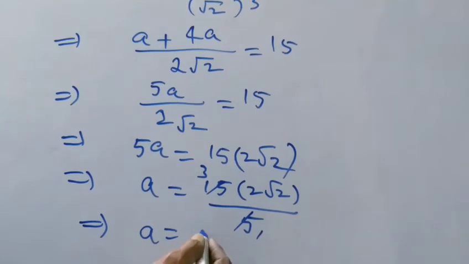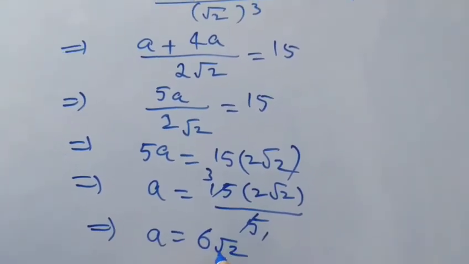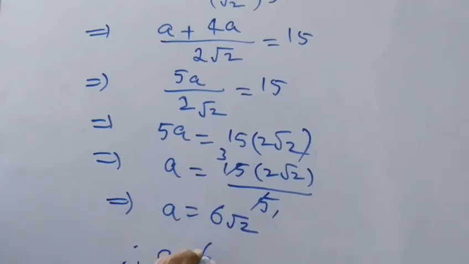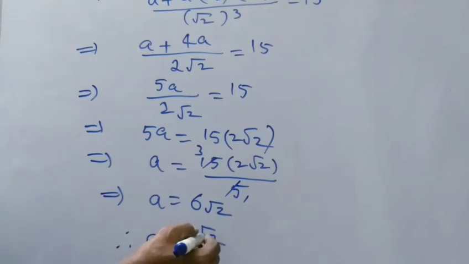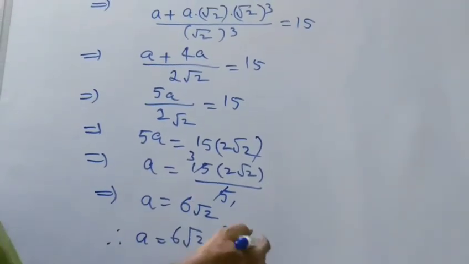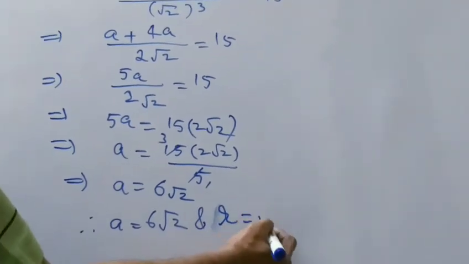Therefore, a is equal to 6 root 2 and the common ratio r is equal to root 2.